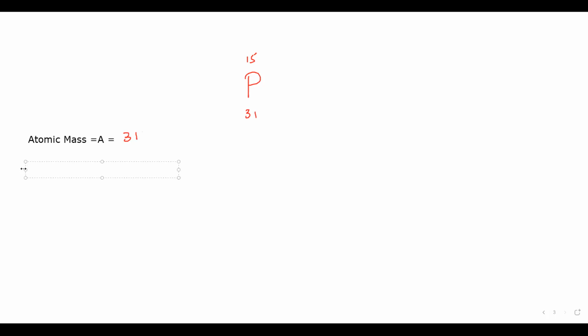What is atomic number, which is represented by Z?